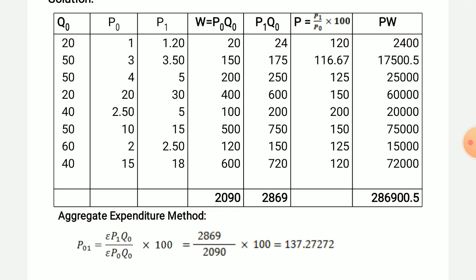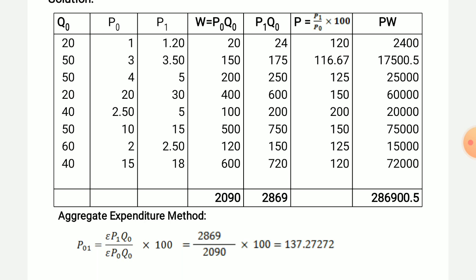So P0Q0: 1 into 20 is 20, 3 into 50 is 150, 4 into 50 is 200, 20 into 20 is 400, 2.50 into 40 is 100, 10 into 50 is 500, 2 into 60 is 120, 15 into 40 is 600.